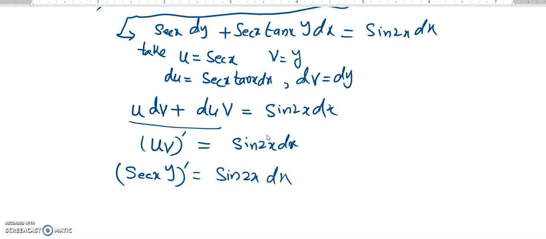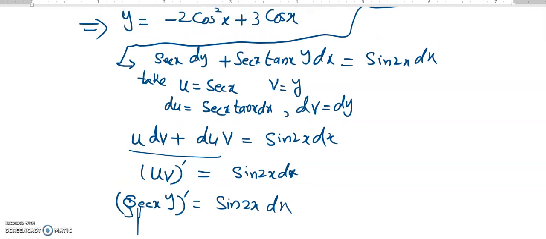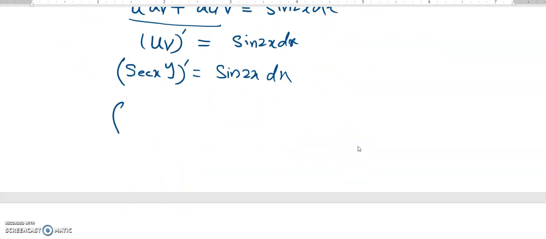And then when you integrate it, on integration it will be the integral of secant x y prime dx, equal to the integral of sine 2x dx.